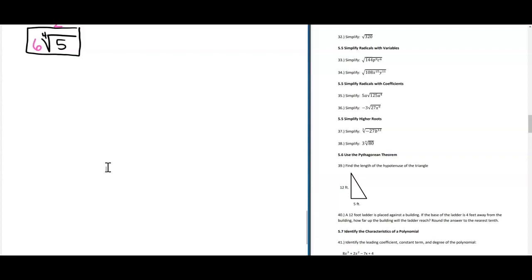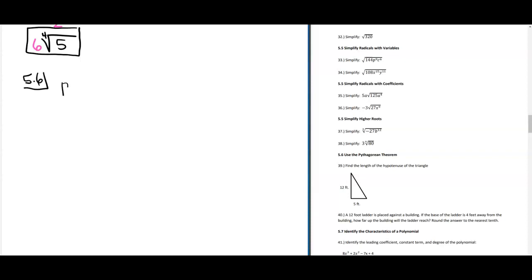All right, so let's see here. Where do we want to go now? So that was number 38. Let's go down and do some off of 5.6. 5.6 is where we talked about the Pythagorean Theorem.